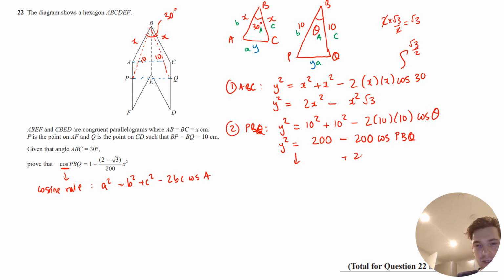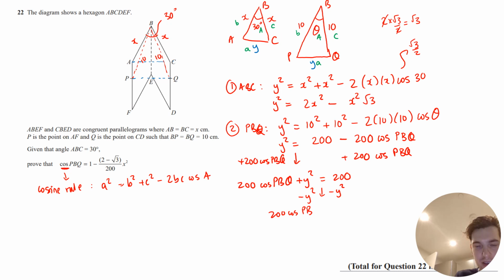I'm going to add 200 cos PBQ to both sides because I want to make that positive. So 200 cos PBQ plus y squared equals 200, and then let's minus y squared. 200 cos PBQ equals 200 minus y squared, and then finally divide by 200.